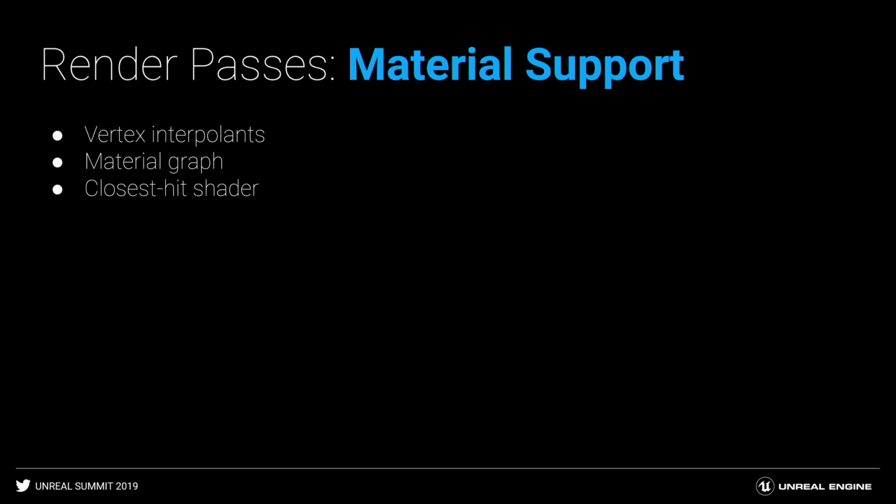All right, so now we're going to transition to talking about techniques that require material support to actually evaluate the materials. These ray generation shaders use the shader binding table, which binds the geometry segments to the custom hit groups, which have the material bindings that were made earlier.